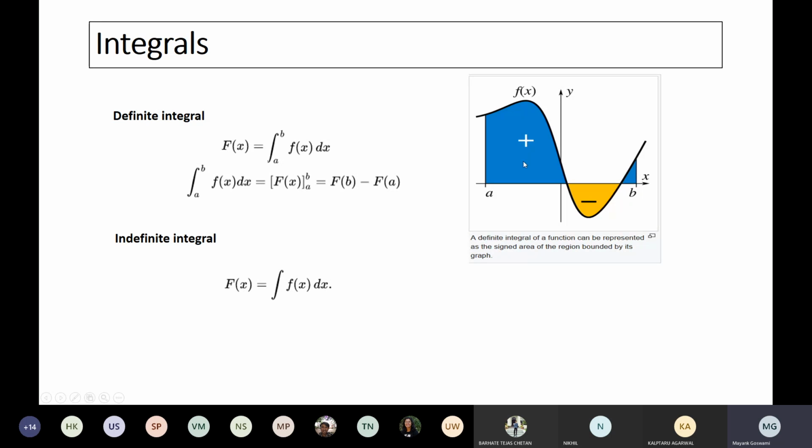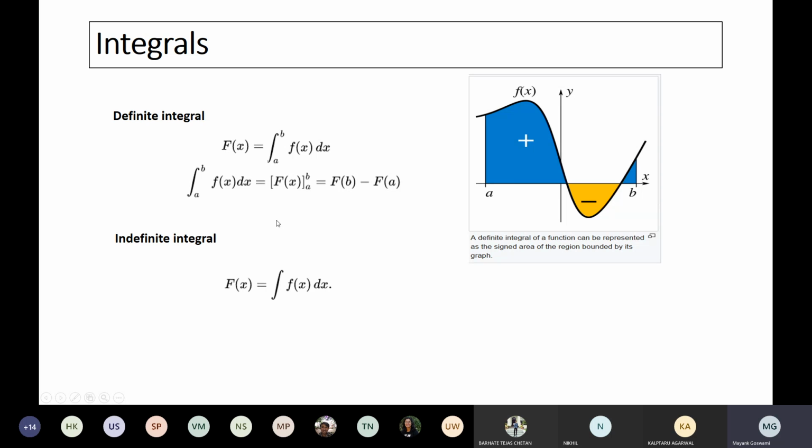This portion will be positive because it is above the x-axis, and this will be negative because it is below the x-axis. When we calculate f(x) in the upper area, it gives a positive value of y, and in this area, we will get a negative value of y.